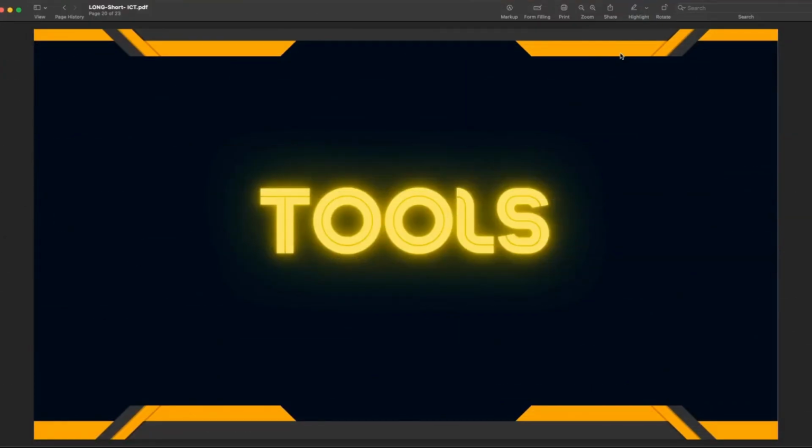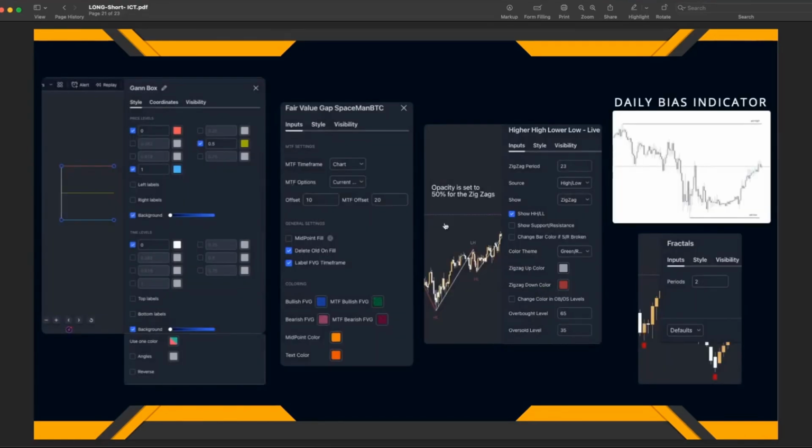As for tools that you can use, here are the indicators that I would use and that I still use when trading in this kind of concept. So I use my gone box. Here are the settings for it. The fair value gap indicator that I used earlier, the zigzag indicator, or the higher high, higher low indicator that you saw earlier in the examples, the fractals indicator, and there is also a daily bias indicator that you can use if you don't want to mark them out yourself.